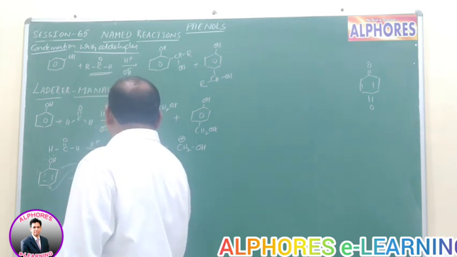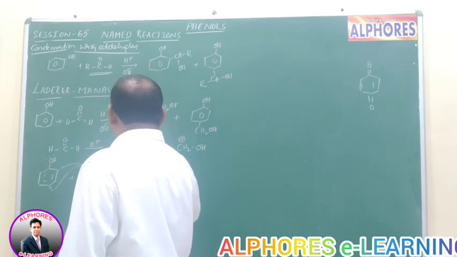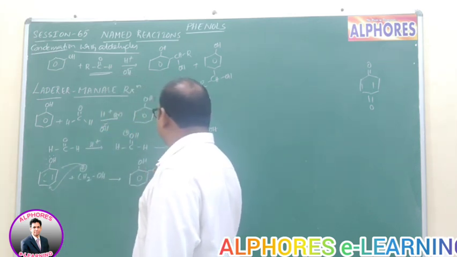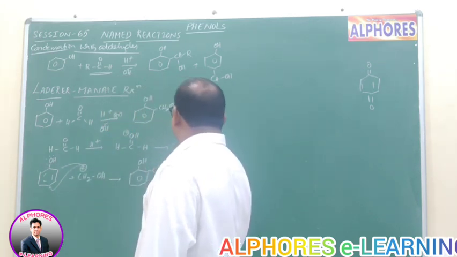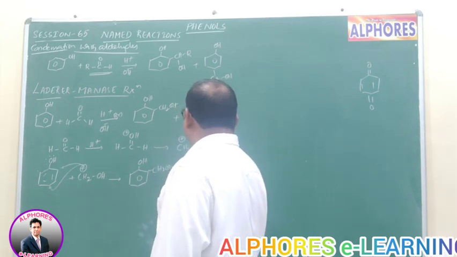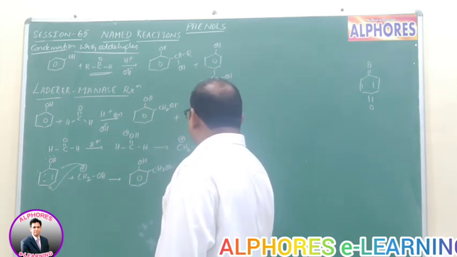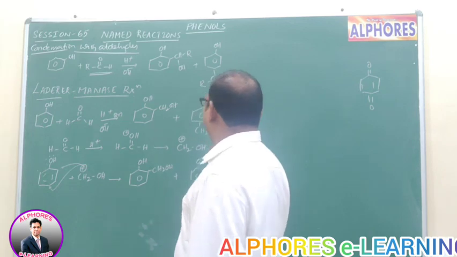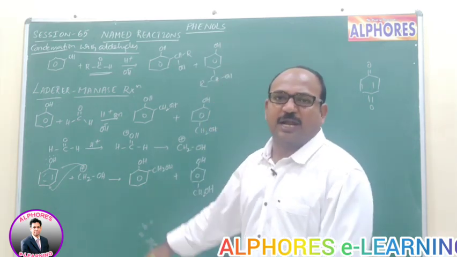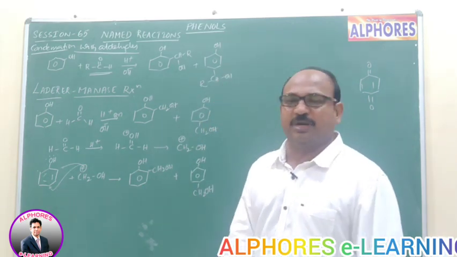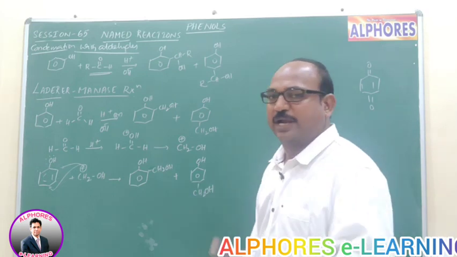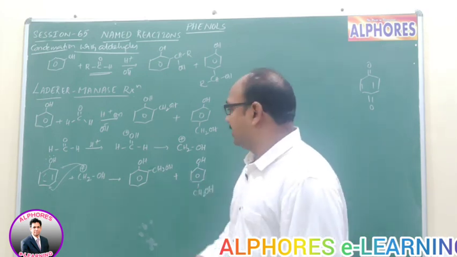As a result, we get the product with OH and CH2OH, and the para position also has CH2OH. Here I am not going to write the mechanism in detail, but you need to practice it yourself. Don't forget that. Here I am writing the direct products.